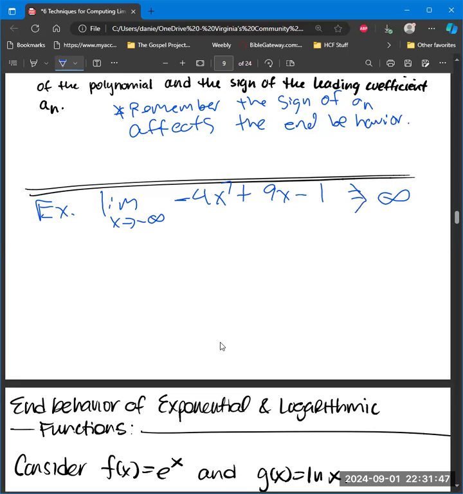It's going to go up and to the left. Because a sub n is negative 4, think y equals negative x cubed in this case, because it's negative and odd, and that was falling to the right and rising to the left. So as I go to negative infinity, it's rising in the positive infinity direction.